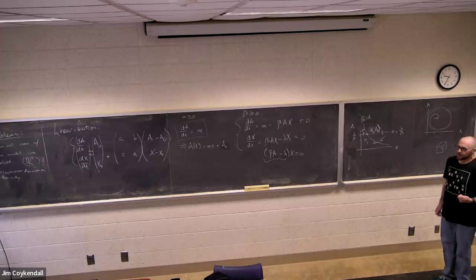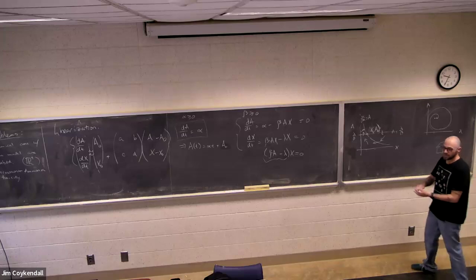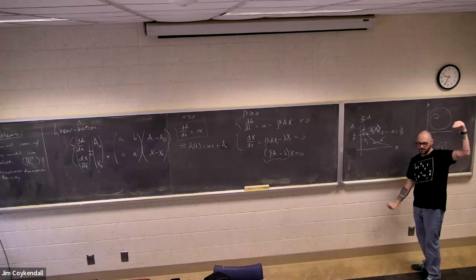And we check whether or not the real parts of those eigenvalues are negative. Because if they're negative, then in one eigendirection everything is being sucked in, and in the other eigendirection, everything is being sucked in.